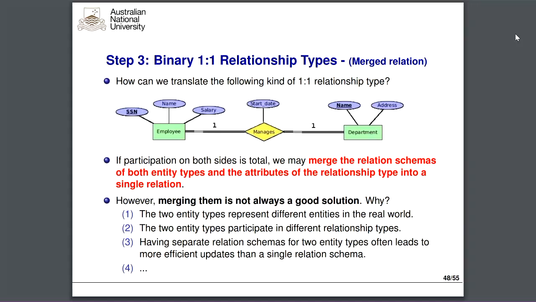What I mean is that the employee may have other relationships, not just manages, and the department may have other relationships as well. For example, the department may offer courses, where courses would be another rectangle entity. In that case, you want different schemas to map these entities, which is more efficient. So it is usually based on the scenario.